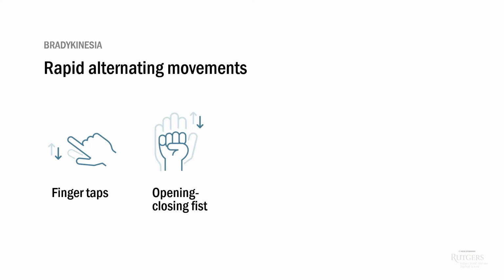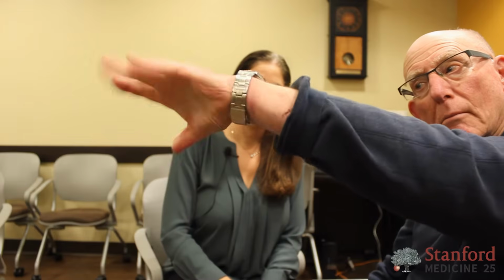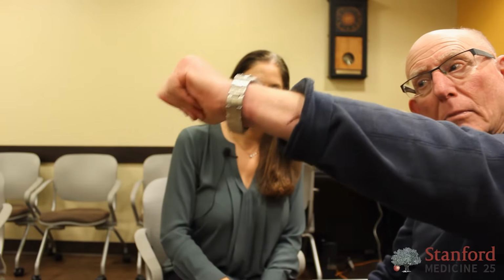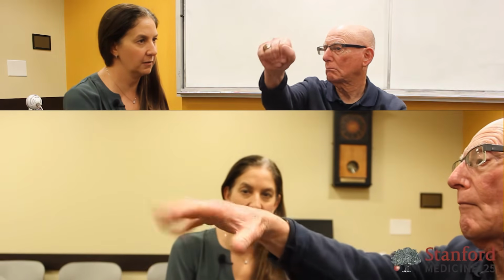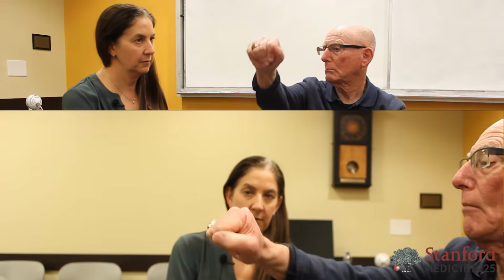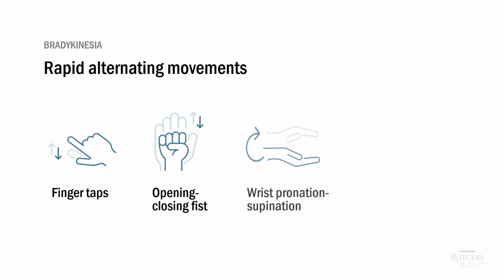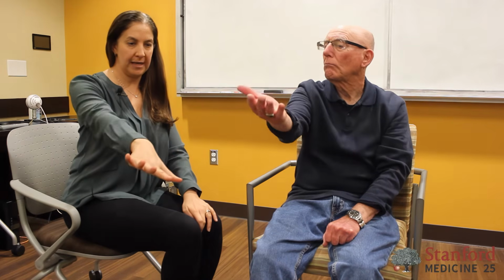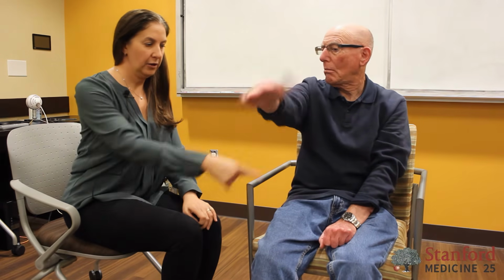Opening and closing a fist. We are really encouraging the patient to go as big as they can and as fast as they can. And wrist pronation supination. Palm up, palm down, as fast as you can. Good, the left hand the same thing, up, down, up, down.